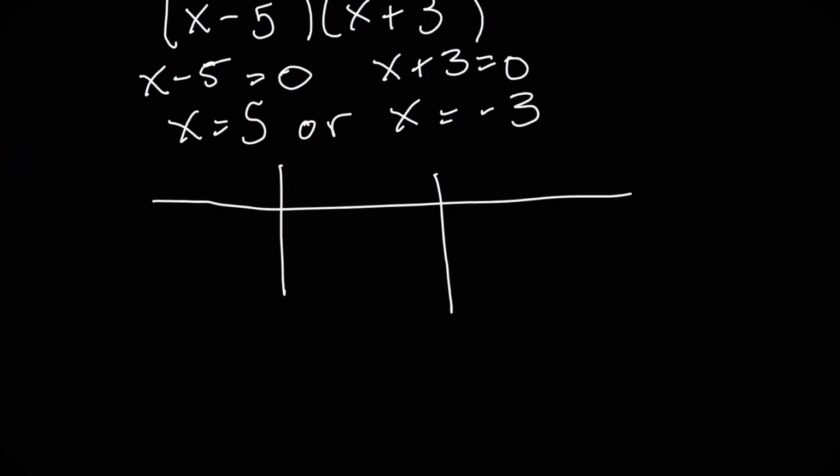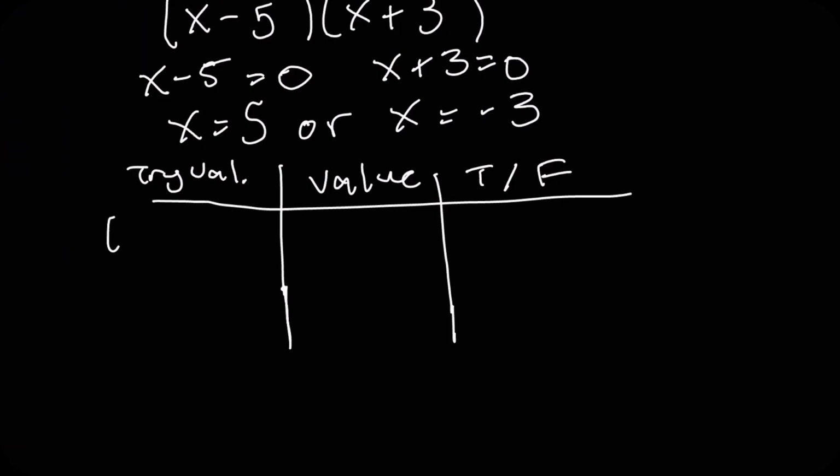We'll say these are our try values, and then our value, and then finally we'll have true or false. So some try values, we'll say negative infinity to negative 3. And then also negative 3 to 5. And then finally, we will have 5 to infinity.